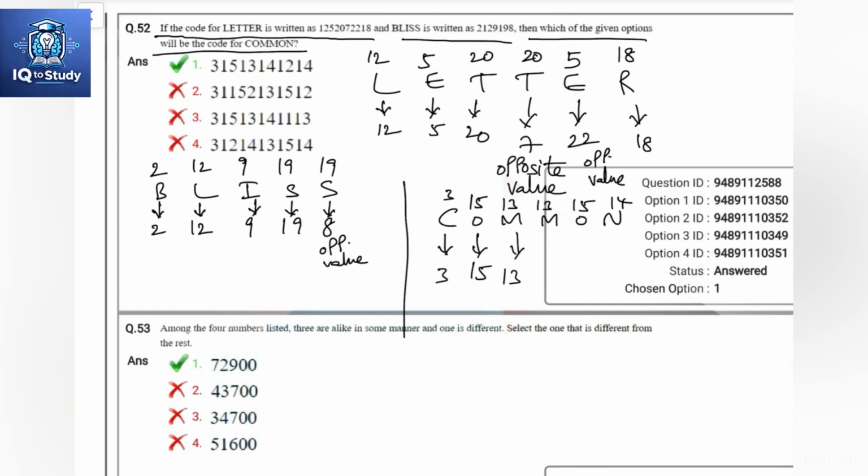Here we have to take the opposite value for the positional value of 13 as the above one. So the opposite value is 14, and the opposite value of O, 15, is 12, and N as it is. So the answer is 31513141214, which is option number 1.